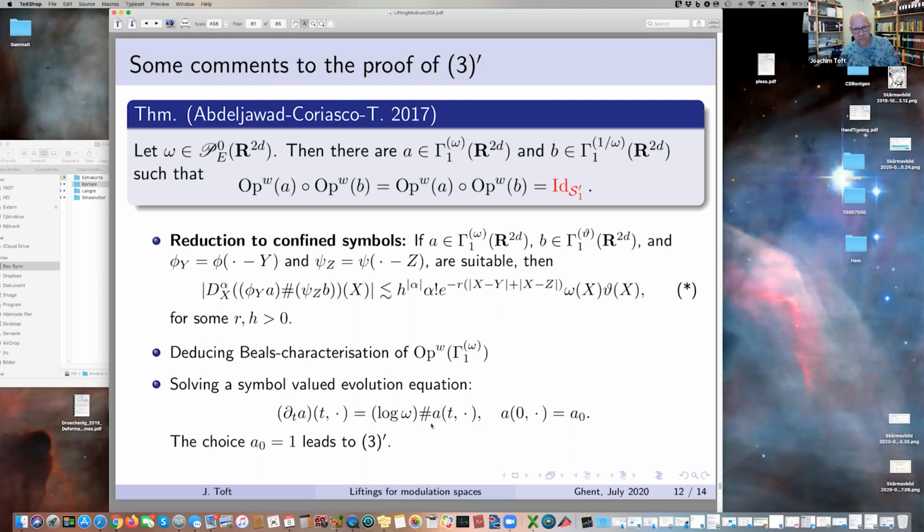But of course, the big problem here was to work with this symbol-valued evolution equation. To solve this and get the right type of estimates, it needed a lot of effort. We were basically solving this as an ordinary differential equation, as in a classical proof of uniqueness of a solution.